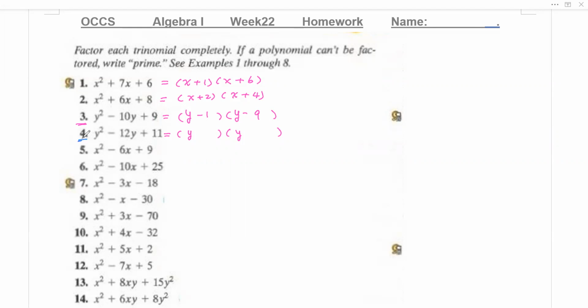Number 4. What can this be factored into? -3 and -3. Oh, I mean for number 5. Number 5, you already said -3, okay. Next, Anna, number 4. Y minus 11 and y minus 1. -11, -1. Very good. All right.